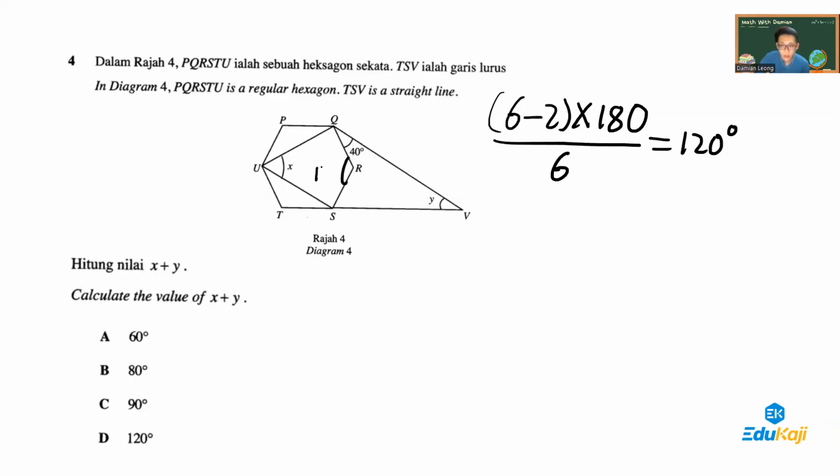So I know here is 120. I can find it together, I can find it separately. It's up to you. Let's say I find it separately. This 120, this 120.